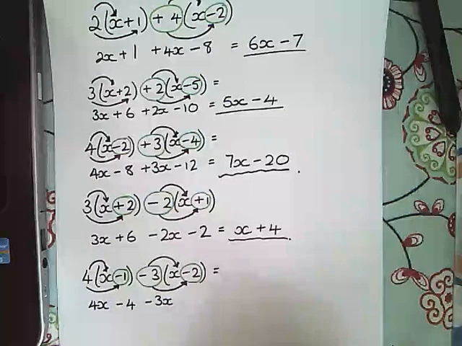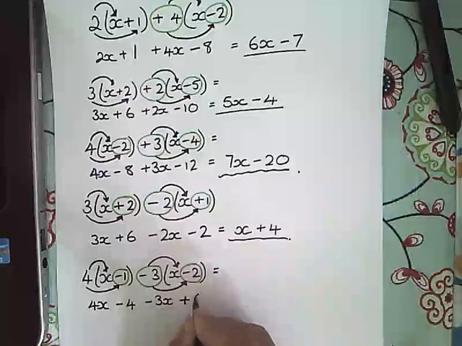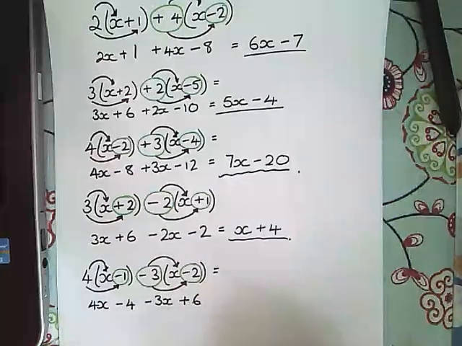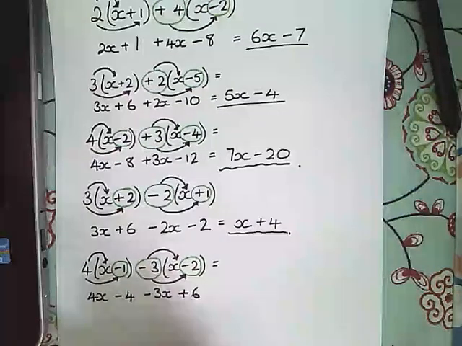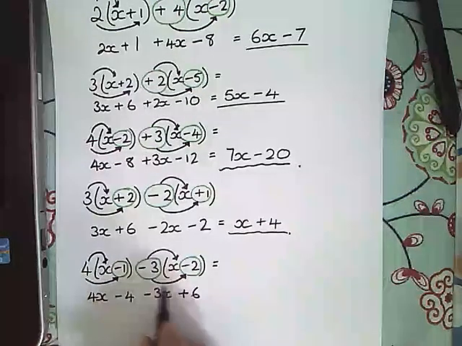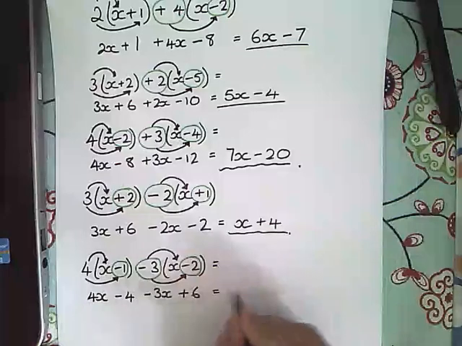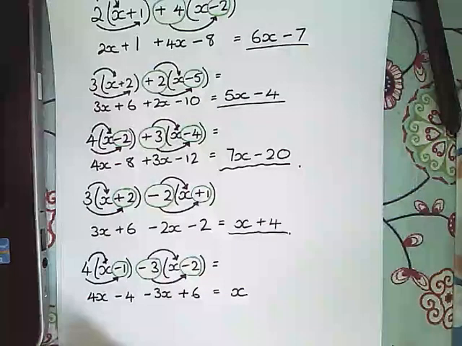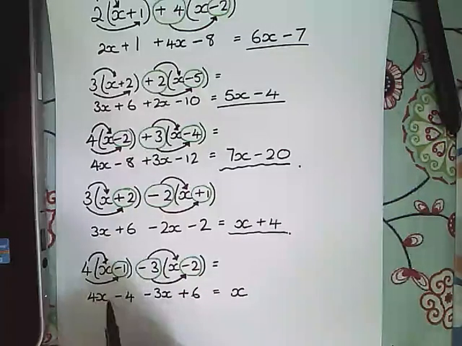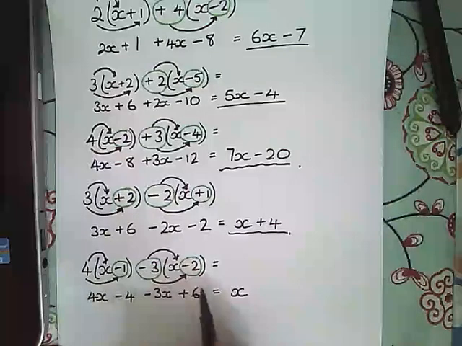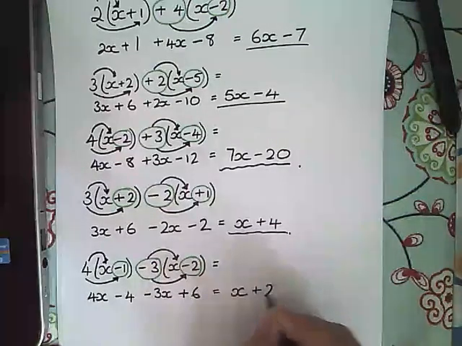And remember, a minus times a minus makes a positive. So minus 3 times minus 2 is positive 6. Then we tidy up. Our x is 4x. Take away 3x leaves me with 1x, or just x. And then I've got minus 4, and I'm adding 6, so that would take me up to positive 2.